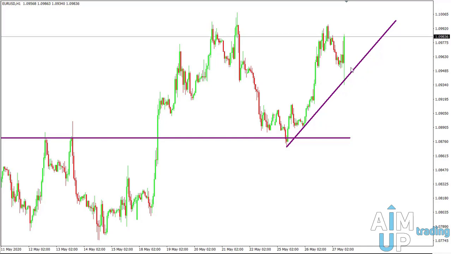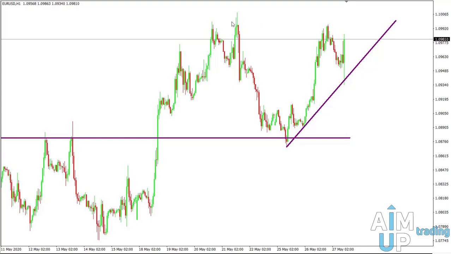And the reason I'm saying this is not a good place, since we were talking about buying when the price retests this trend line, is that the price is near the highs made around May 19th or 20th.